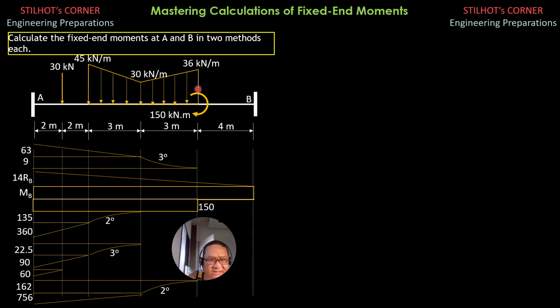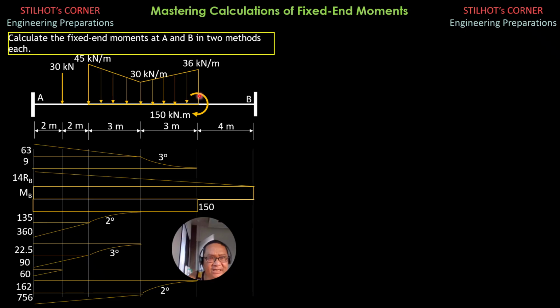Then 36 times 3, that's 108, and 108 times 7, that's 756 additional. So that is for the 36 kilonewton per meter load.